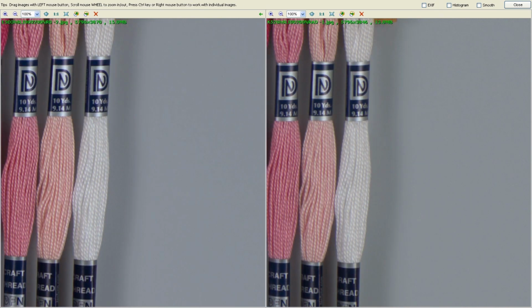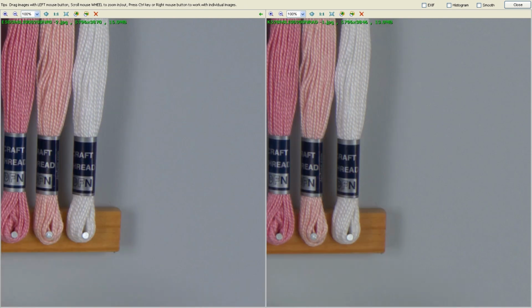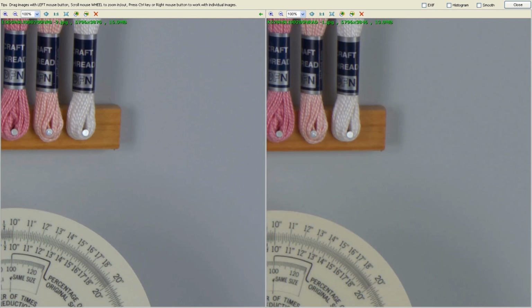Now Canon says it's 17. I go with 16. How I arrived there is simple.